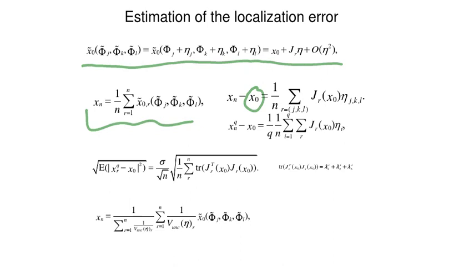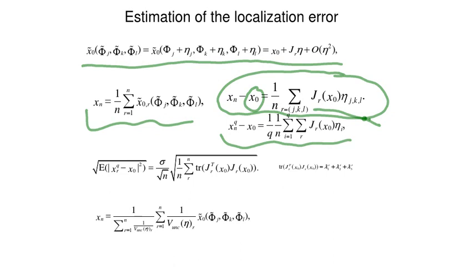And so x_n minus x_0 is given here by the first order term of the Jacobian, where we choose a triplet of 3 windows. And so when we now average over many realizations, we obtain this formula. So we have any choice R of a window, so we have to sum over n. N is the choice of the triplets, and Q is the sum over realizations.